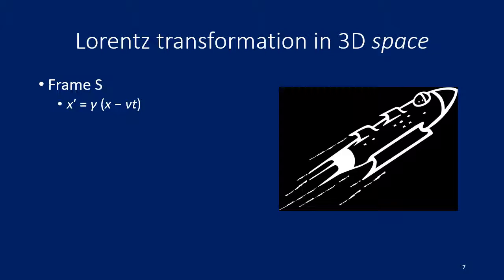Now we have frame S. In this case, x prime equals gamma, that's a gamma letter, times the x minus vt that we had before. And frame S prime has x equals gamma, x prime plus vt as before, in the opposite direction.